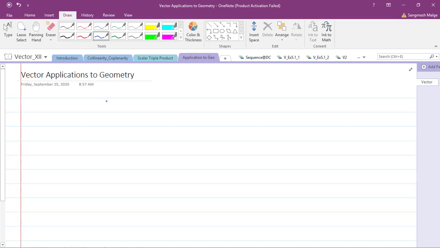Like what are the results? The first result we will see, number one, let's prove the medians of a triangle are concurrent. See, these are the standard results we have in geometry. The medians of a triangle are concurrent.